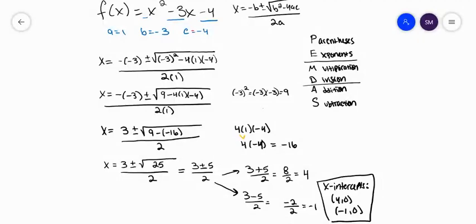So as you're simplifying under the radical, make sure you do the exponent first and include the negative when you're squaring. Then do your multiplication of the 4ac, and then do your subtraction of the b squared minus the 4ac. Then you can finish simplifying your radical and break into your different plus and minus versions to get your final answer.